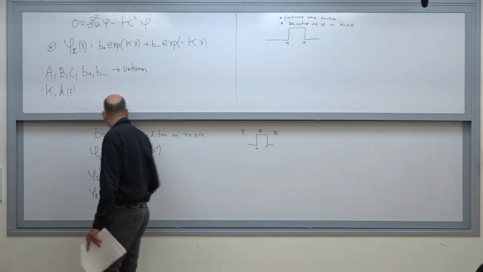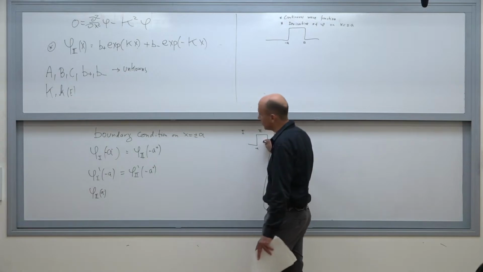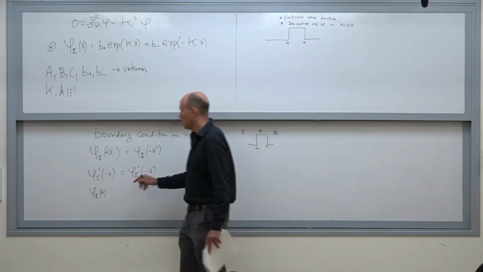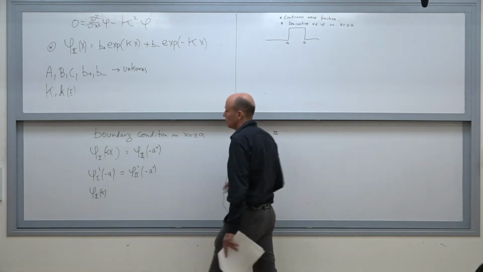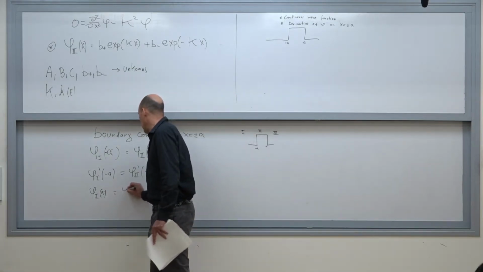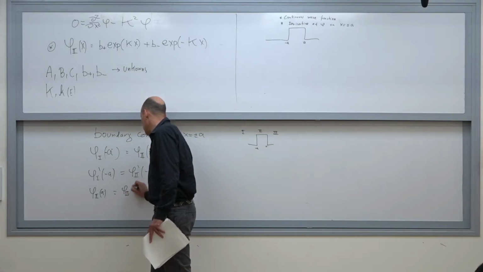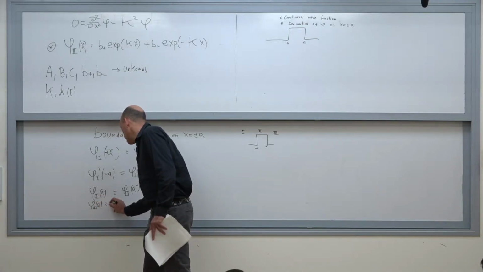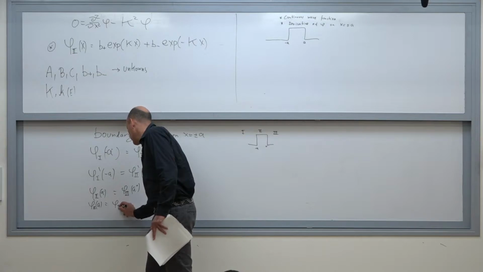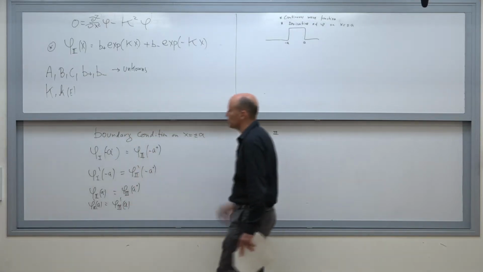This will come from the minus, because now I'm at this point, so phi 2 at a minus. You see, this is this point here. This is equal to phi 3 at a plus, and then phi 2 derivative at a equal phi 3 derivative at a. These are the 4 equations generally.